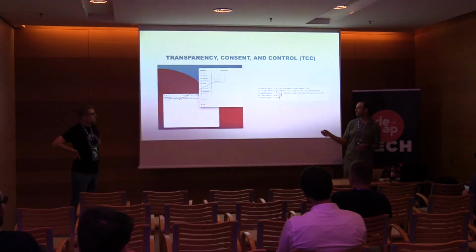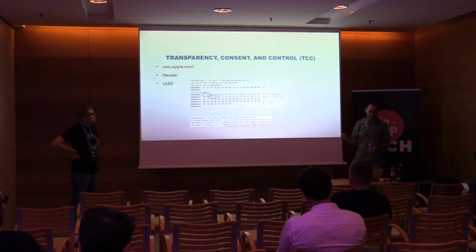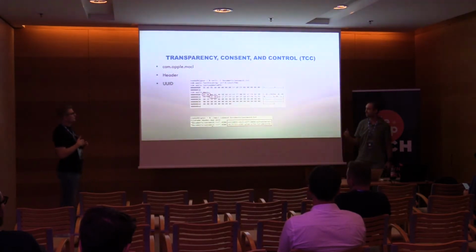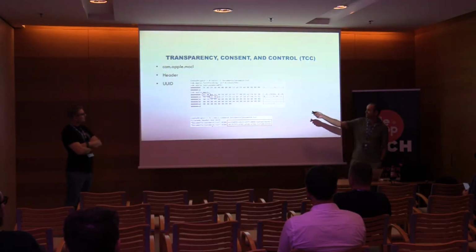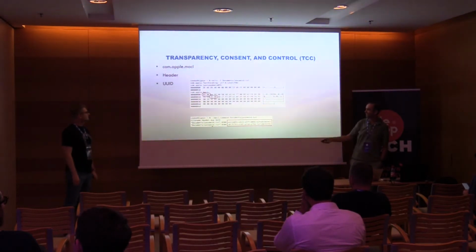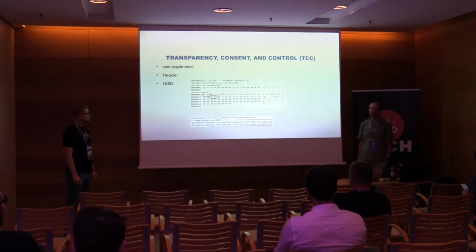And at that moment, terminal is granted access and you can print it out. And what happens in the background is this Apple macl attribute is being attached to the file. This is built out of a header, which usually starts with 0300, and then there is a UUID. So down here you can see it in a more human readable form, if a UUID is human readable at all.